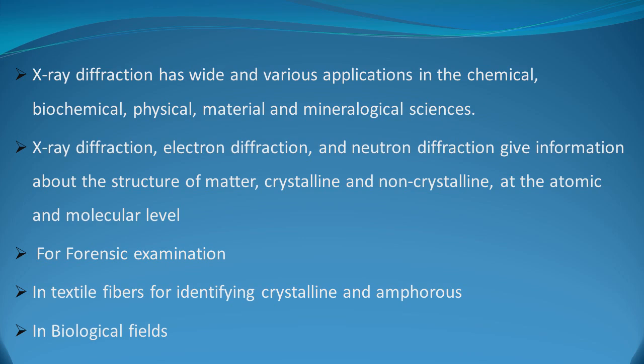By changing the source, X-rays can be replaced by electrons and neutrons, which give further information about the sample, such as the interior structure, whether it is amorphous or crystalline in nature, the arrangement of atoms inside the lattice, and the molecular structure of the sample. In forensic examination also, it is used to study samples. In textile fibers and textile industries also, it is somewhat helpful.